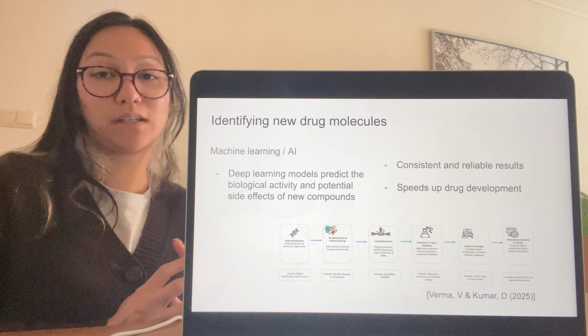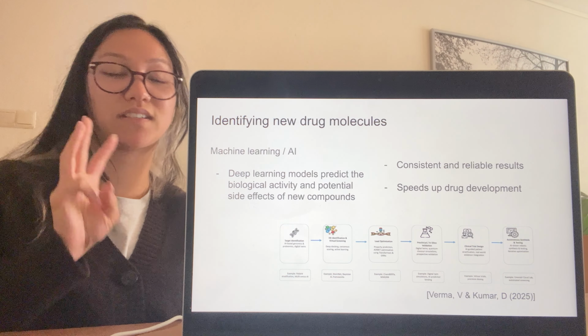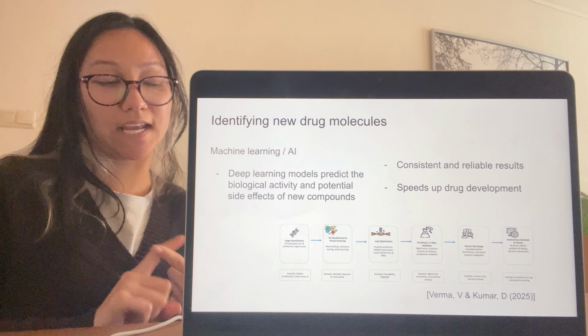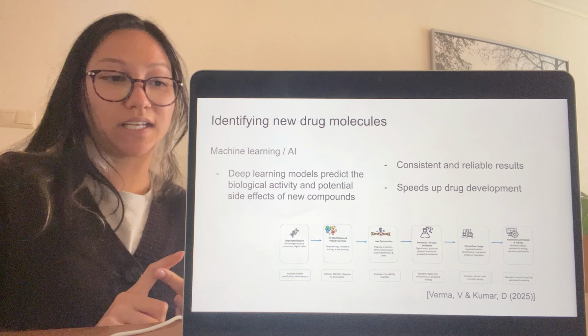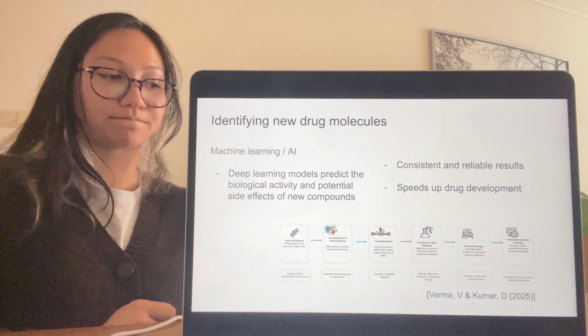And so there are many ways in which to identify new drug molecules. However, I'll be discussing three of these in greater detail: machine learning and AI, high throughput screening, and ligand-based drug design, or LBDD.